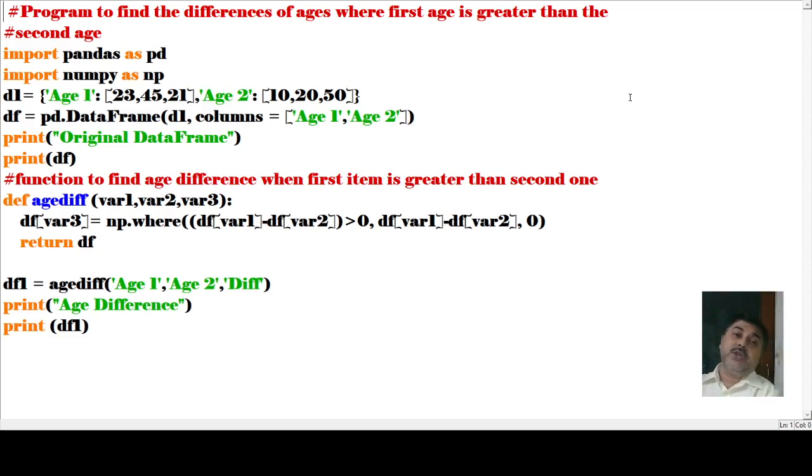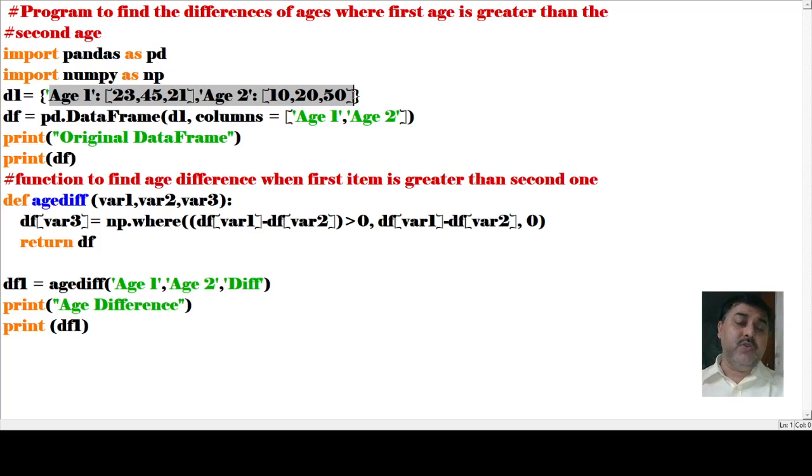Here the values are d1 equals to age: first age1, where I have given some ages, and then age2, where I have also given some ages. So age1 and age2 are the values I have given.